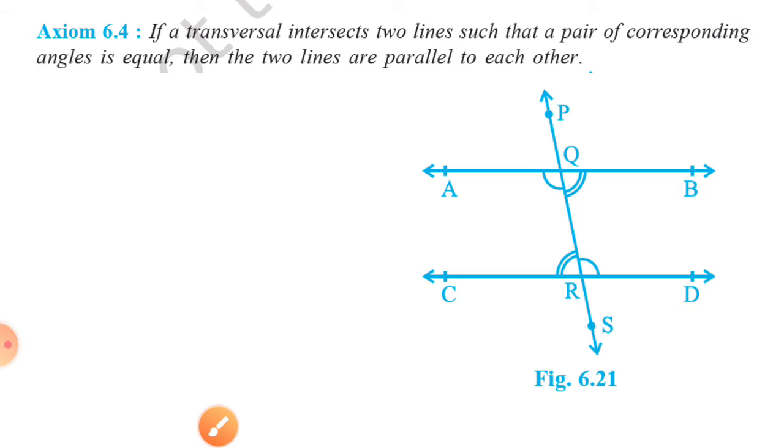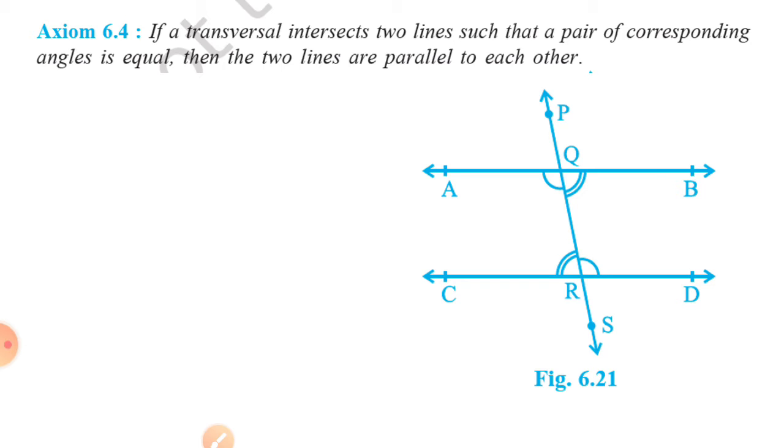The next axiom is 6.4: if a transversal intersects two lines such that a pair of corresponding angles is equal, then the two lines are parallel to each other. Here is figure number 6.21.